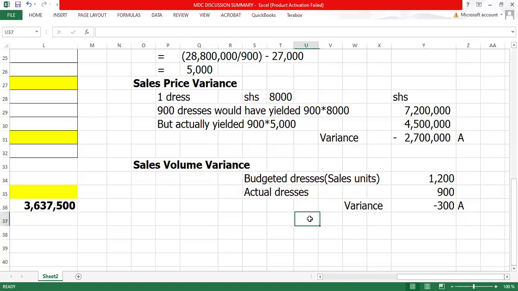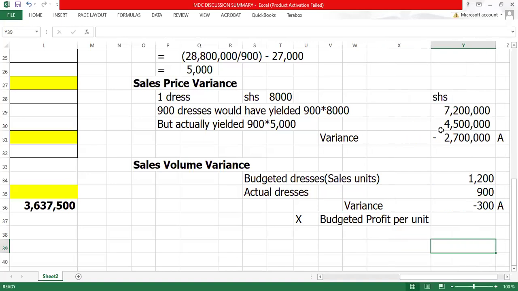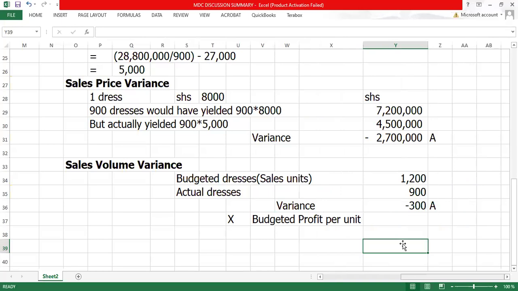You are going to multiply by the budgeted, don't multiply by the actual, multiply by the budgeted profit per unit. And the budgeted profit per unit was what? Was it 8,000?